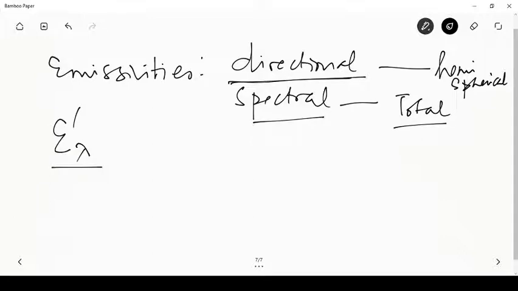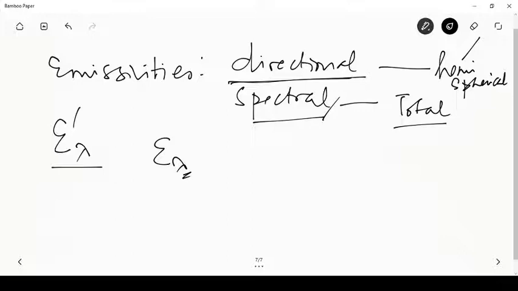Similarly, you can have hemispherical spectral emissivity, which will be epsilon lambda. It has been integrated over the entire hemisphere, so it is representative of the entire hemisphere. So epsilon lambda is the amount of energy emitted in the entire hemisphere by a particular object at a particular wavelength lambda, divided by the amount of energy emitted over the entire hemisphere by a black body at the same lambda. So that is your hemispherical spectral emissivity.